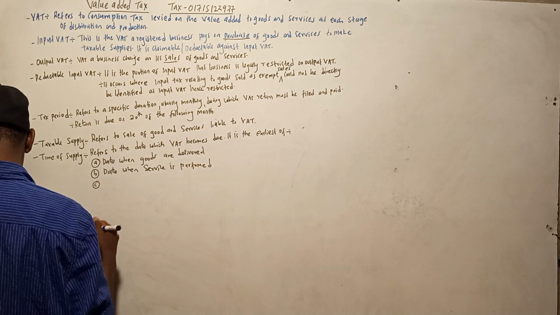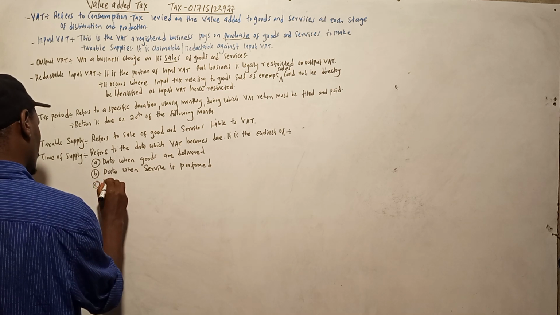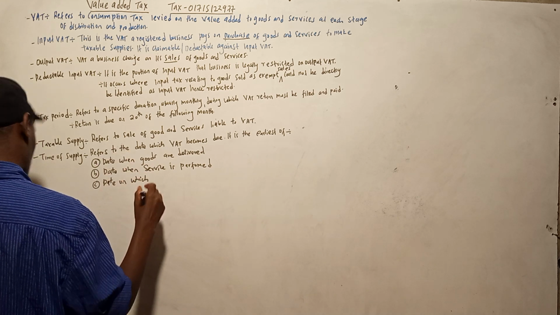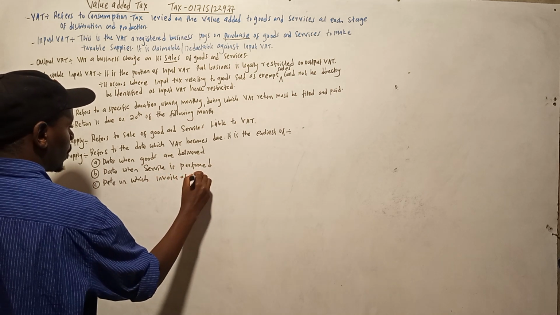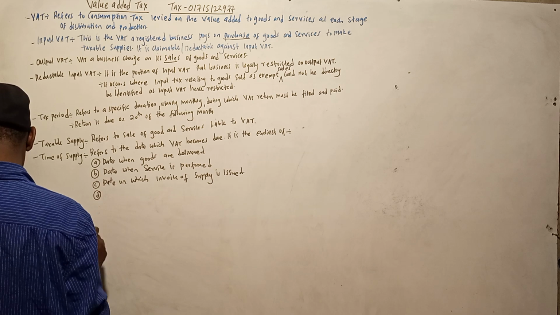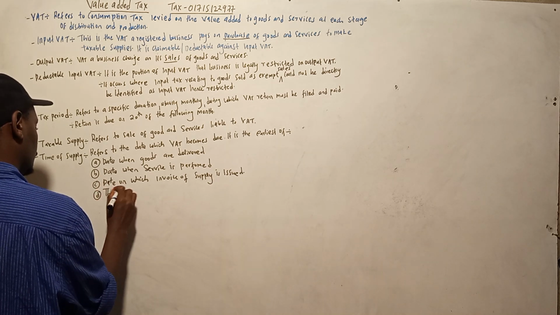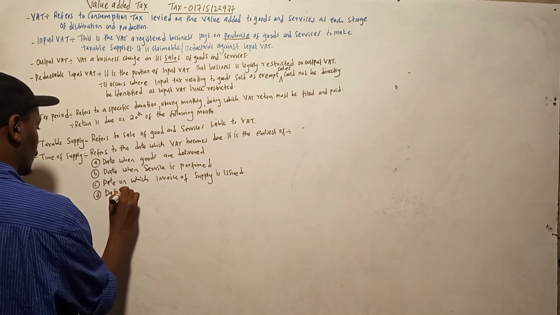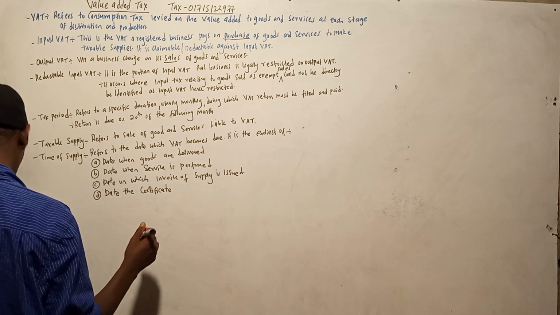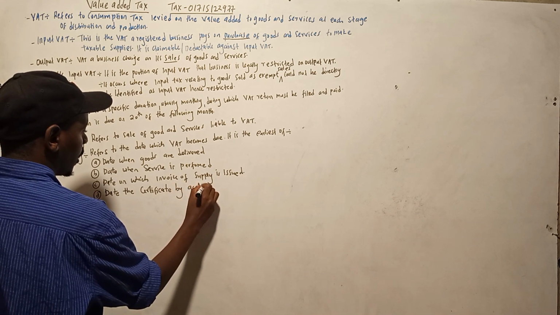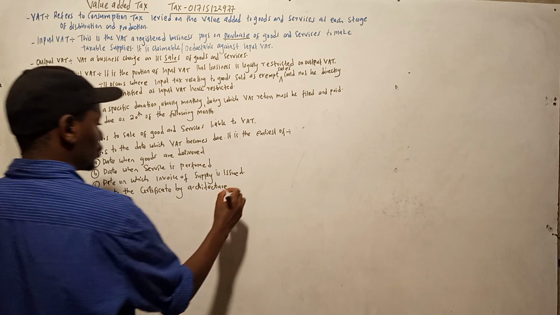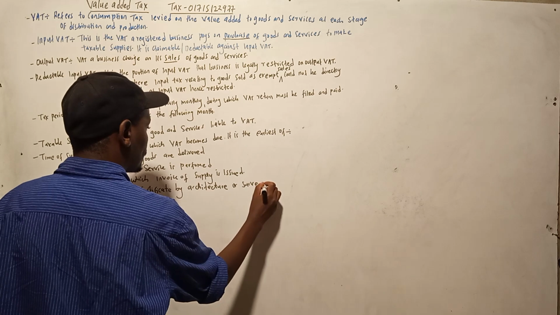Number D, the date the certificate by the architect or surveyor is issued.